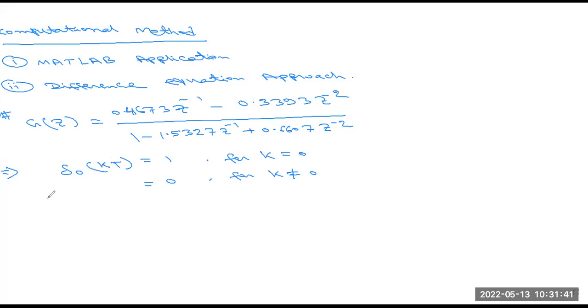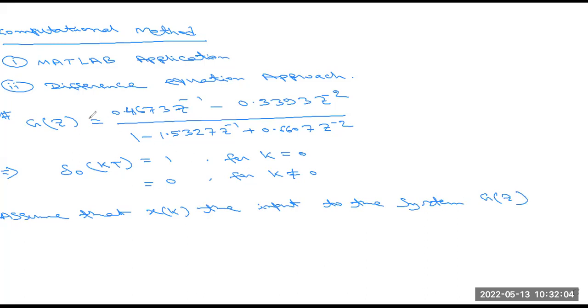Now assume that x(k), the input to the system G(z), is the Kronecker delta input.